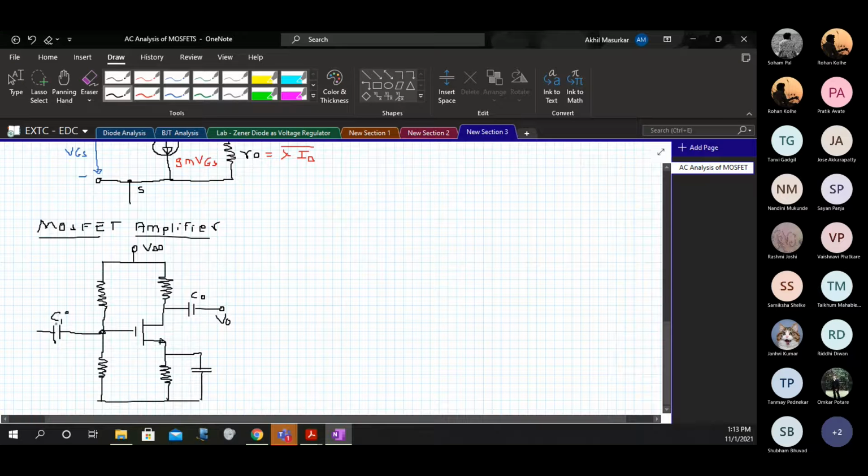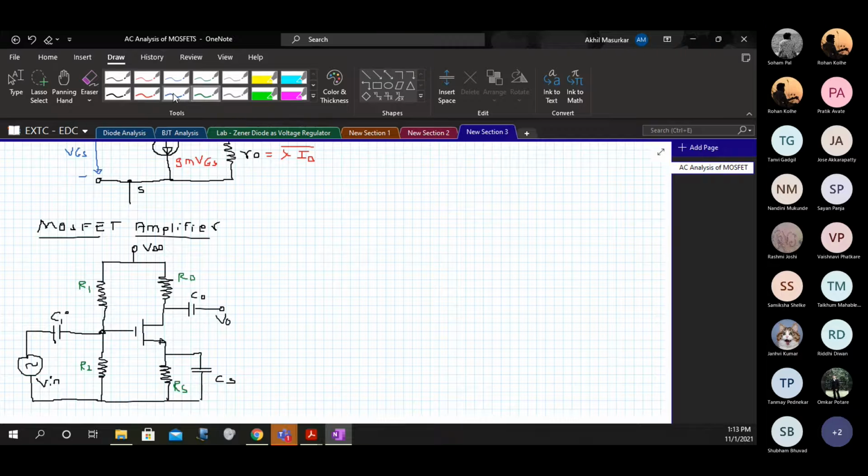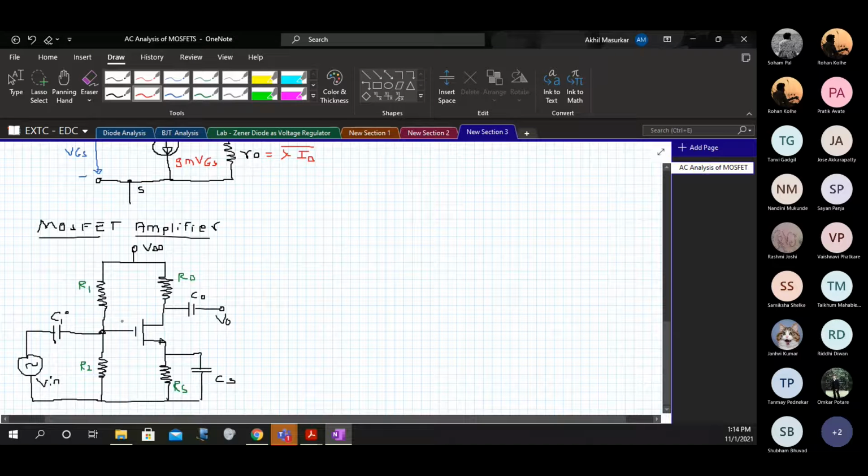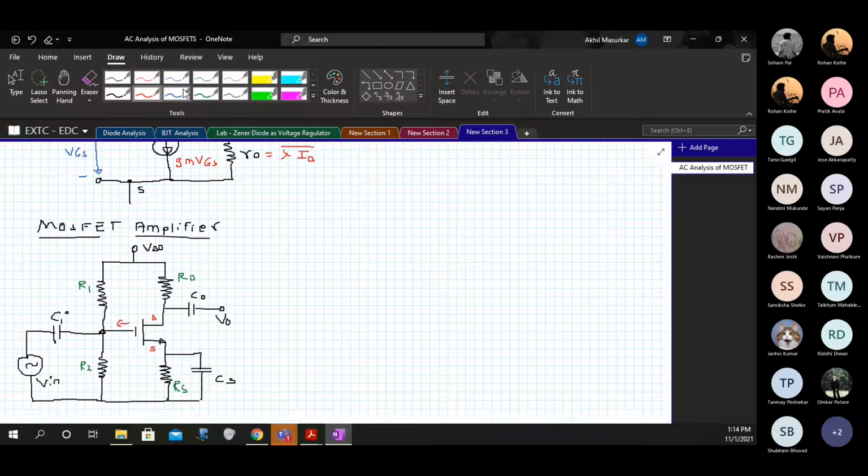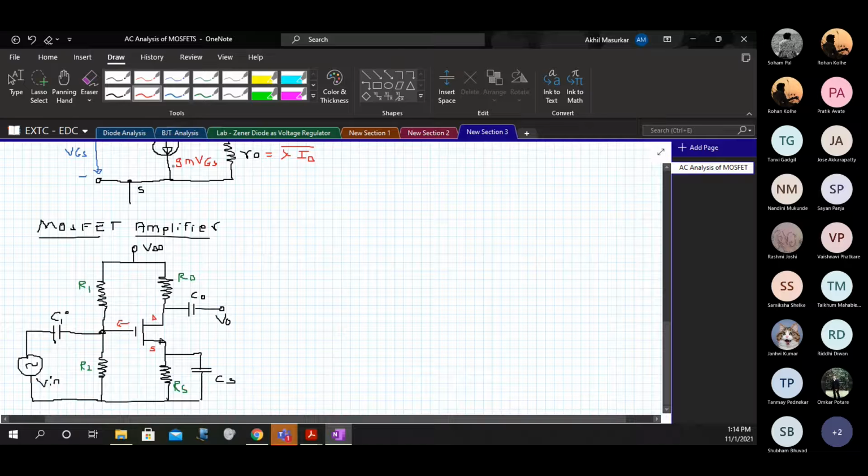This is your input capacitance. This is R1, R2, RD, RS, and just for our sake I am highlighting the terminals. This is gate, drain, source. So this is enough.